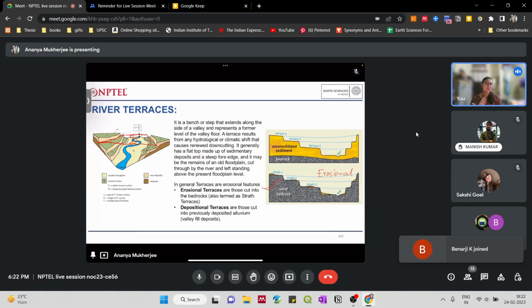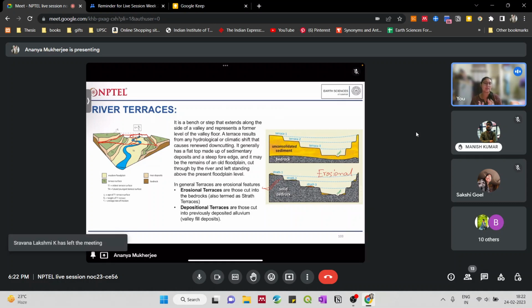It will also give you an idea about how tectonically active that region was, or if there was more flooding in those areas or less flooding. So these are things that you can understand by studying river terraces, and it will give you the rate of incision, as I explained before, and that will help you in understanding the river dynamics of that region also.